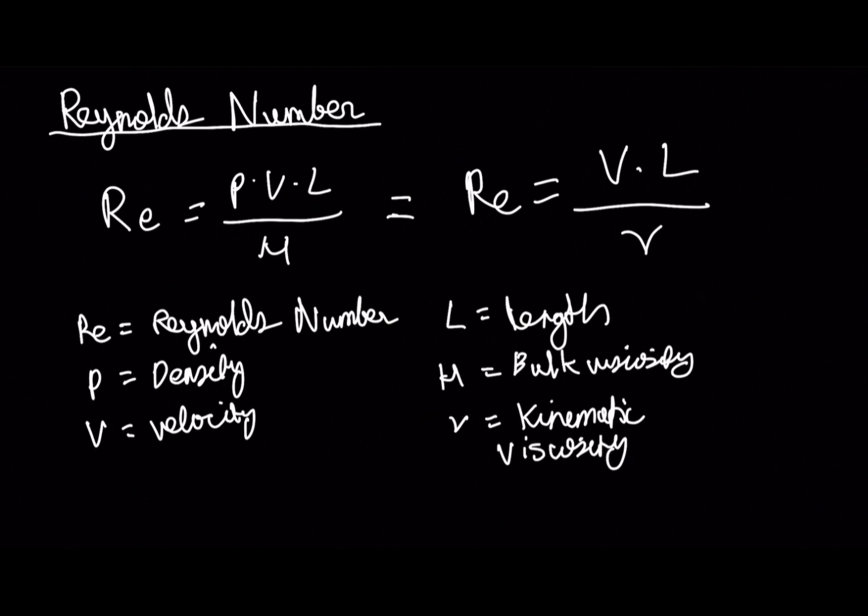Because your viscosity and velocity would be constants in this case, the length is the only factor that's changing. So if a fish has a larger length, then the Reynolds number is going to be higher, as opposed to a fish with a smaller length, where the Reynolds number is going to be ultimately smaller.